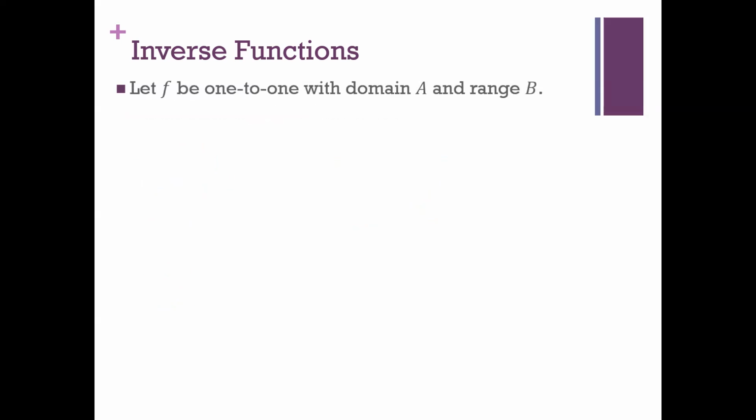So a few more ideas about inverse functions. If f is a 1 to 1 function with some domain A and some range B, then this notation here is the inverse of f, which I'm sure you've seen before. I keep seeing in the textbook a warning about this.